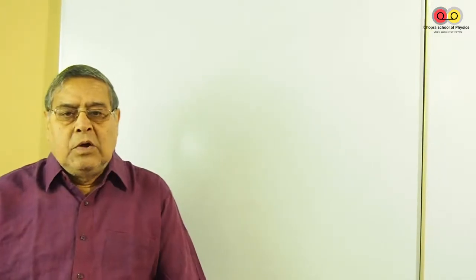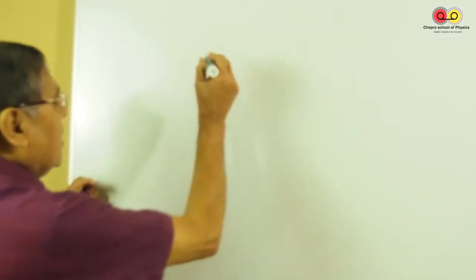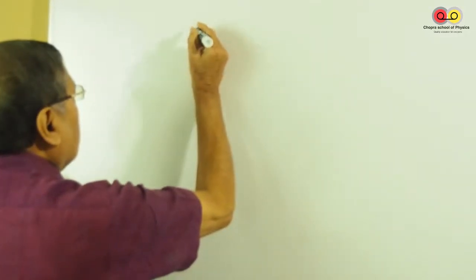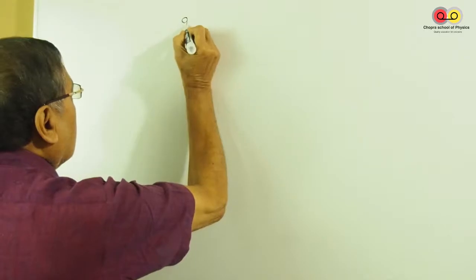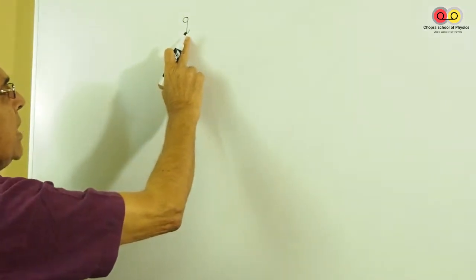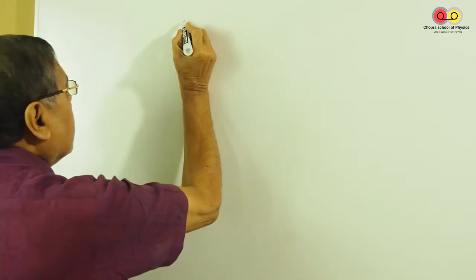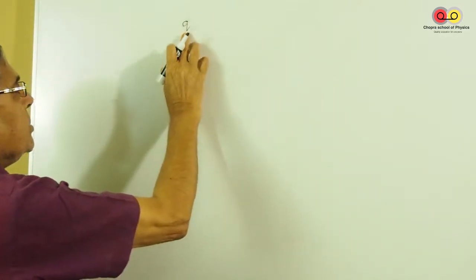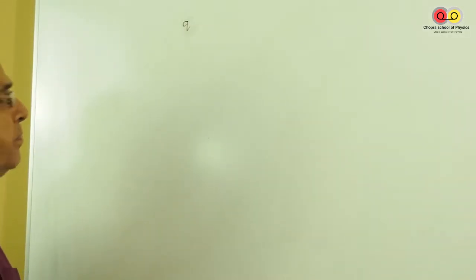So when that charge comes into the field, the source charge exerts force. It can be made clearer from a diagram, so now I am drawing a diagram and we'll discuss potential on the basis of that diagram. I have mentioned here charge Q. This charge is a source charge.